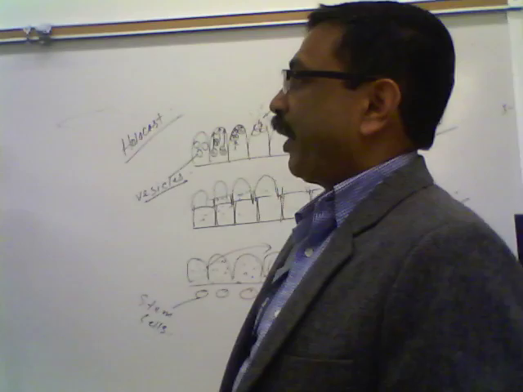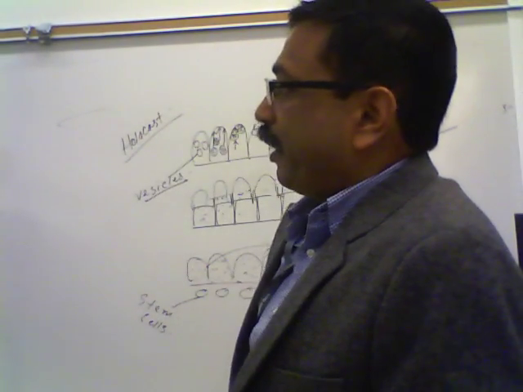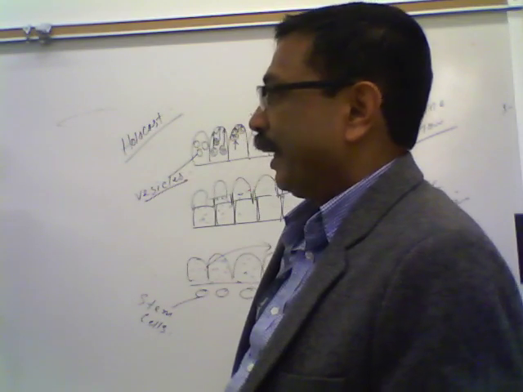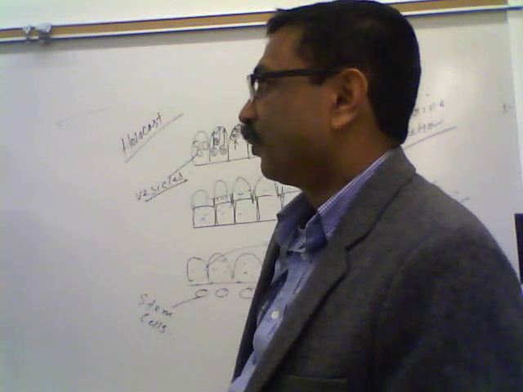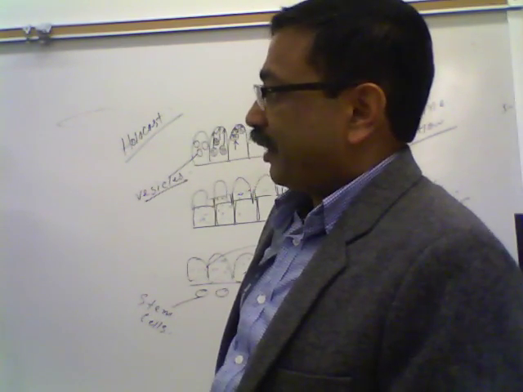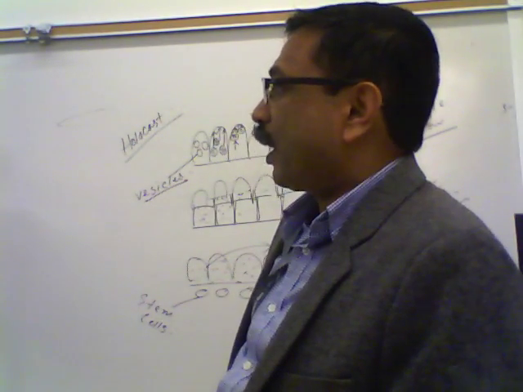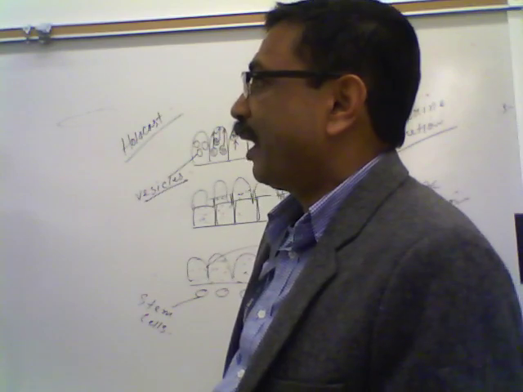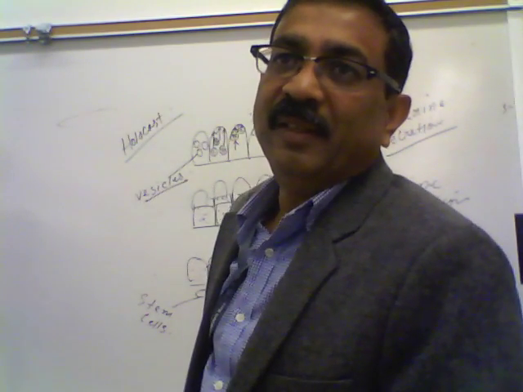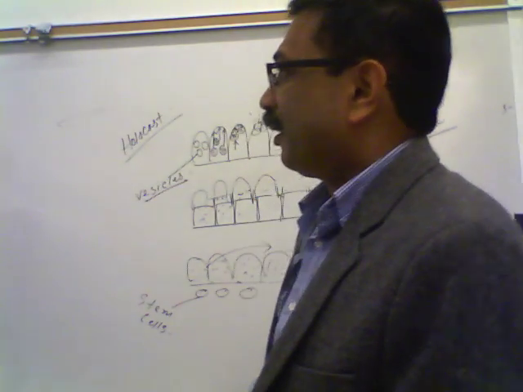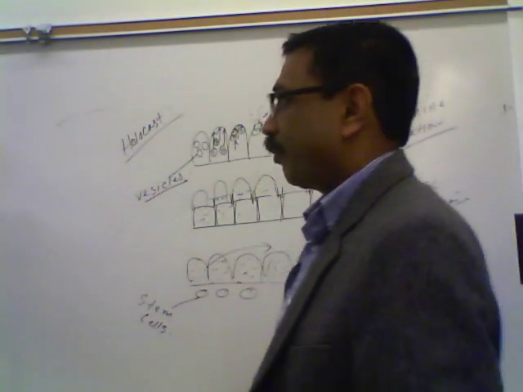Now merocrine sweat glands are abundant on palms, soles and forehead, and this secretion is highly watery. 99% is water, so very watery secretion. Small amount of sodium chloride, salt.